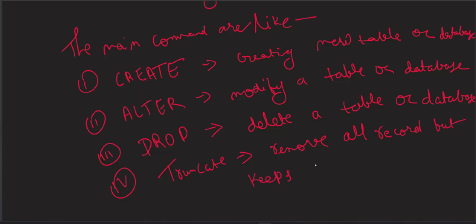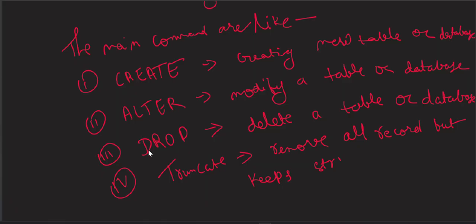So let's understand what it means, like what's the difference between drop and truncate. Drop will basically remove the database directly. It deletes all the tables and all the schema of the database.